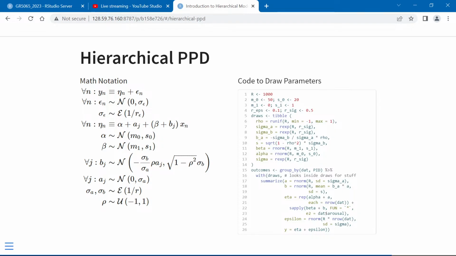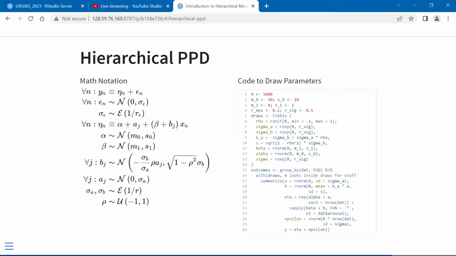So each person, there were like 20 people and they all had 15 questions that were asked of them while they were being hit with a stick. So for each person, they're going to have 15 eta values over time. And then there's an epsilon for each person and time period. Conditional on the A's and B's, the errors are independent.